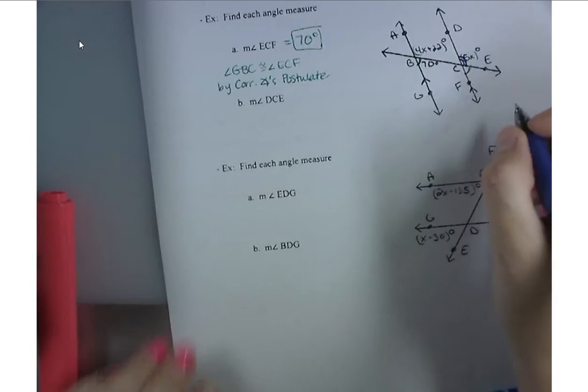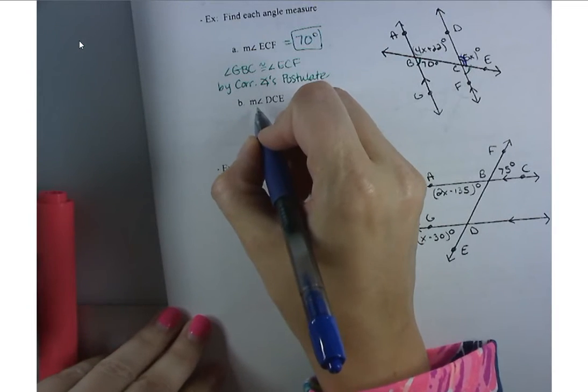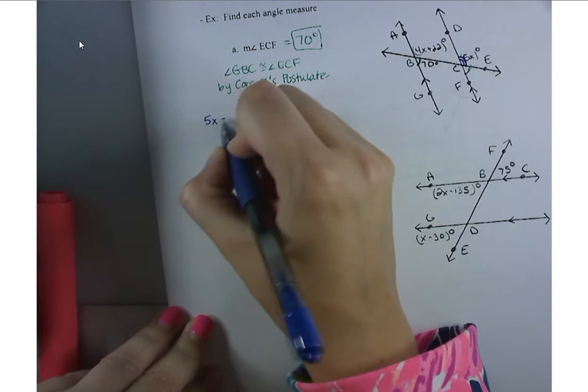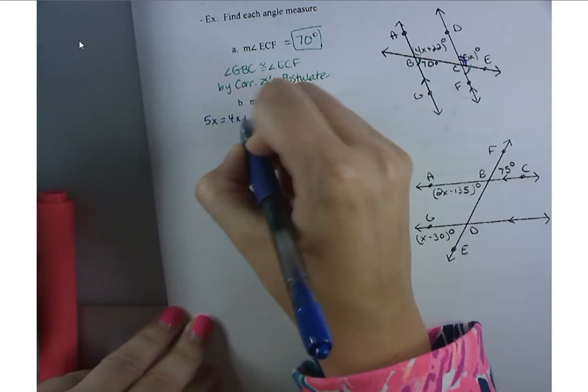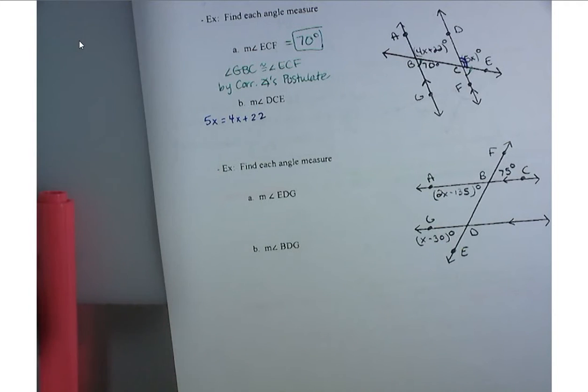So there's two different ways you can do that. So you can say, okay, we know that 5x is going to equal 4x plus 22, because those are what kind of angles? Corresponding.